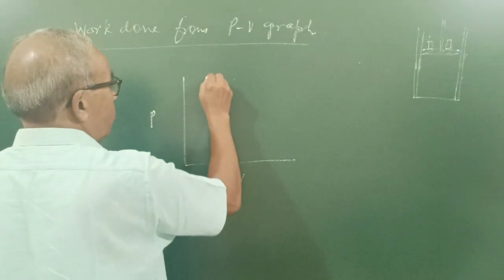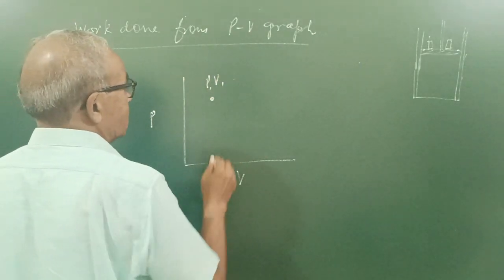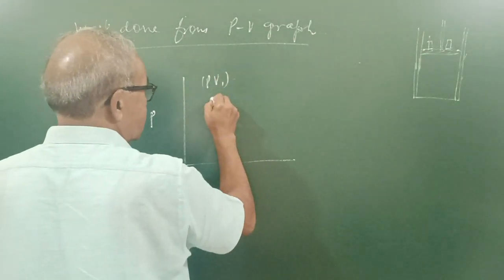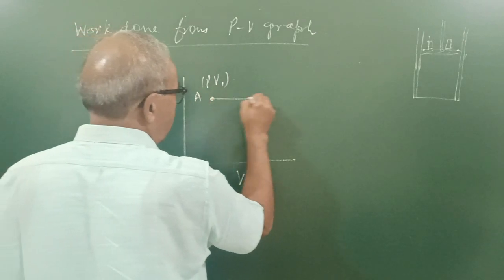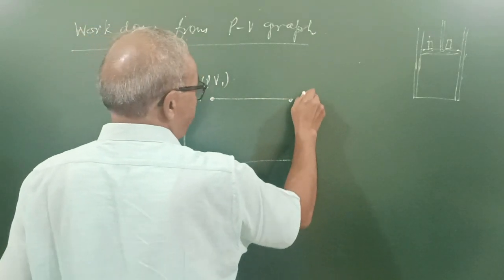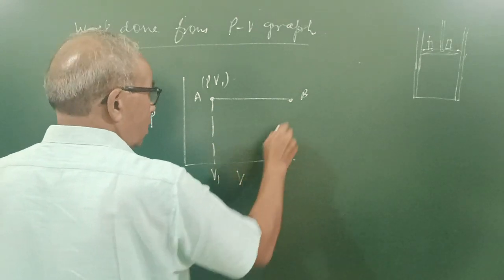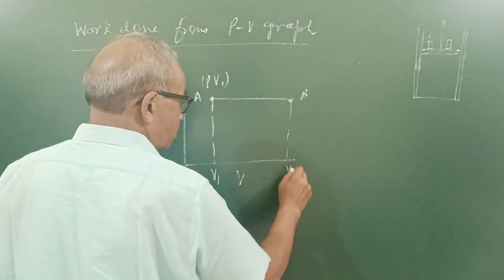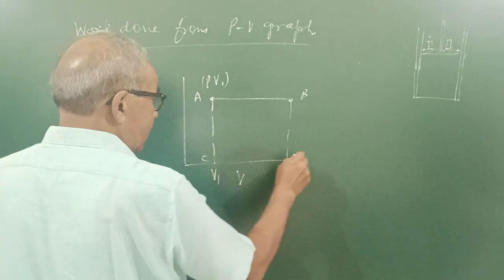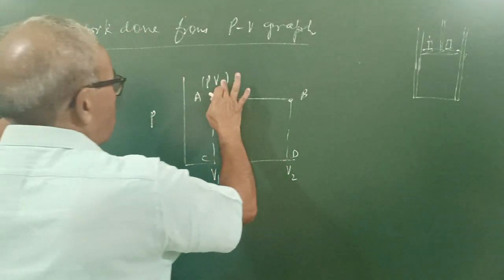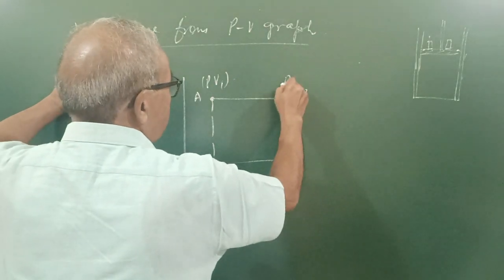Here pressure P1, volume V1, or pressure P, volume V. State A to B, the gas expands. Here this is the volume V1, it is V2. C, D are the points. So it is PV2.